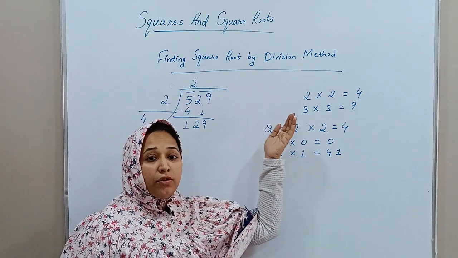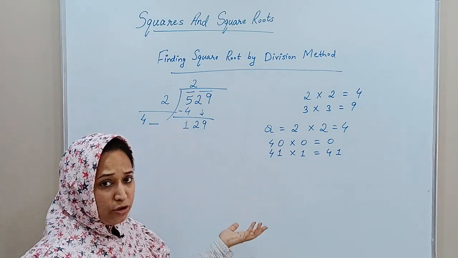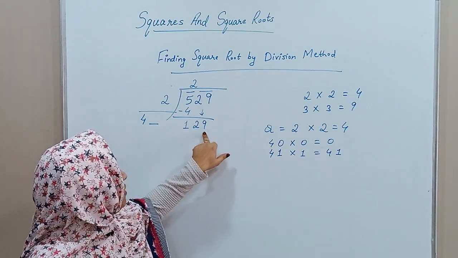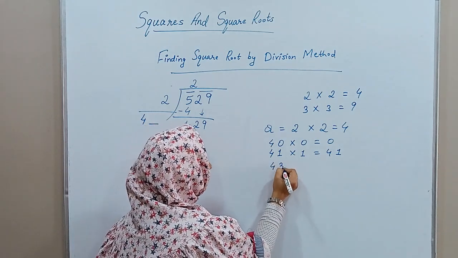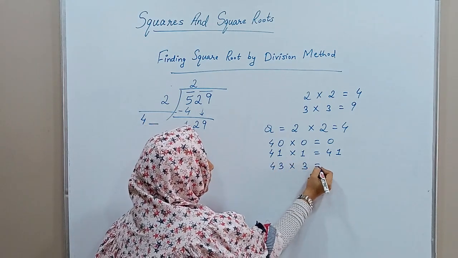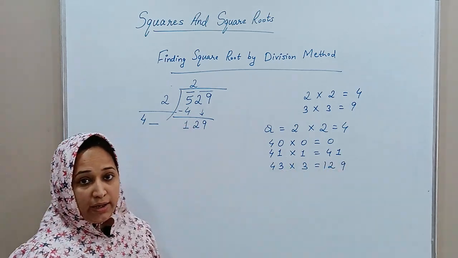Now instead of finding multiplication up to 49, you can use a little logic and assume that the last digit is 9, and 3 3s are 9. So if I take 43 into 3, 3 3s are 9, 3 4s are 12, 129, right?